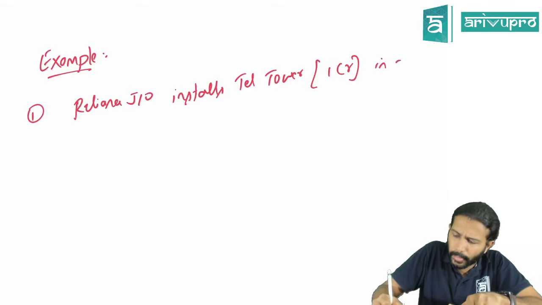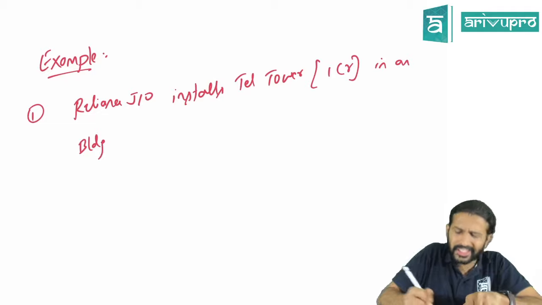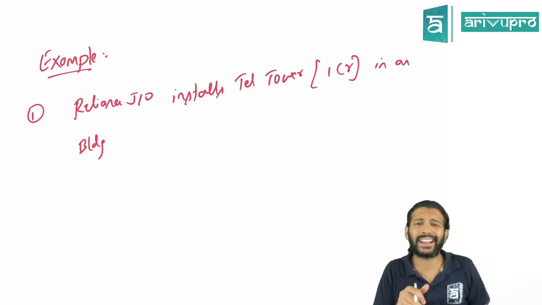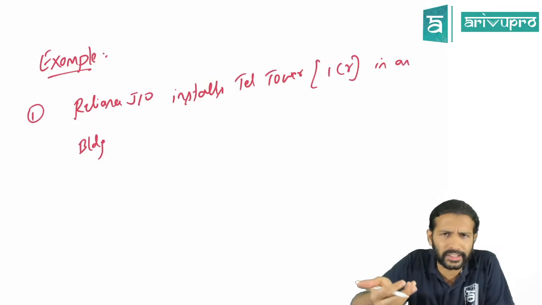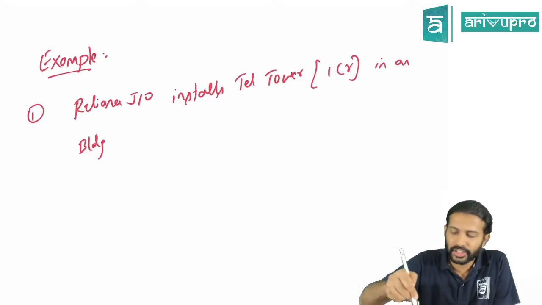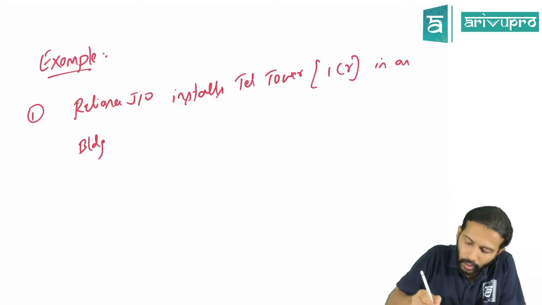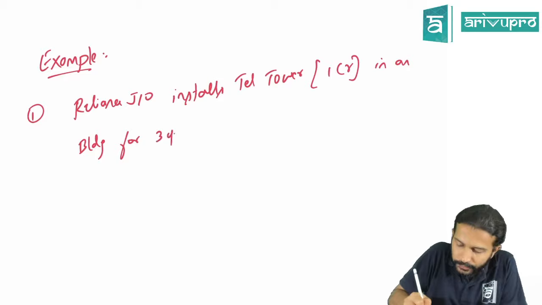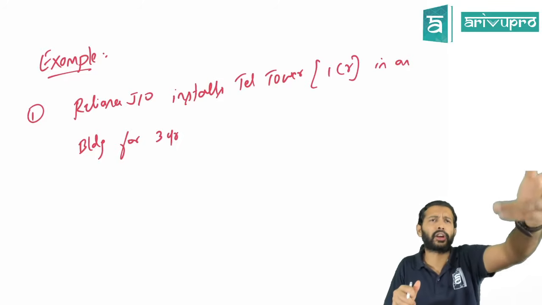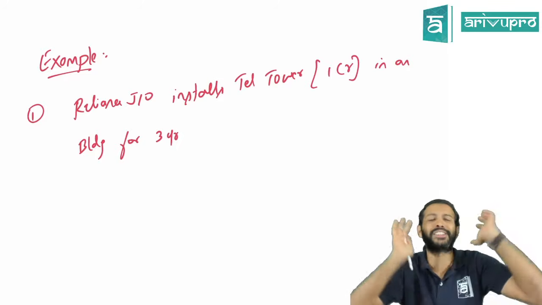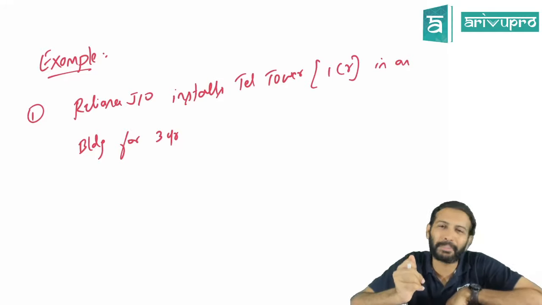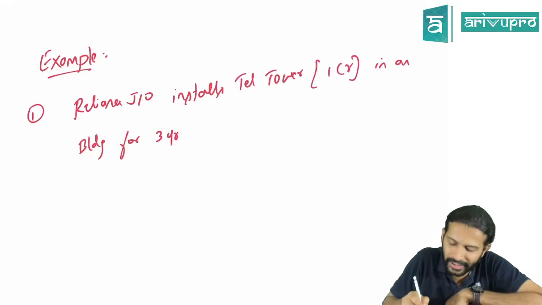Normally, these telecom towers are installed in a high-rise building. They require this to get the signals, right? So let's say they have installed this telecom tower in a building for a period of 3 years. Reliance can't visit any random building and just put up their tower, right? They need to take permission from the landlord, the building owner.